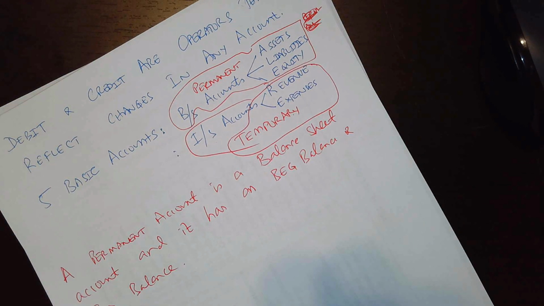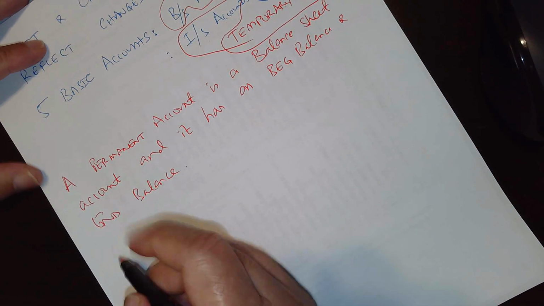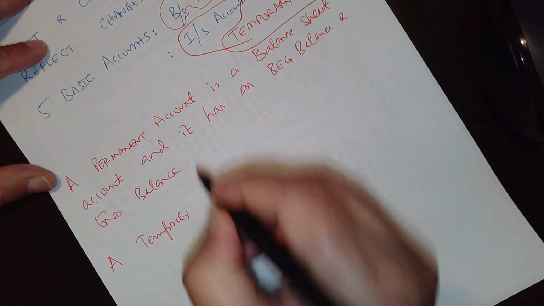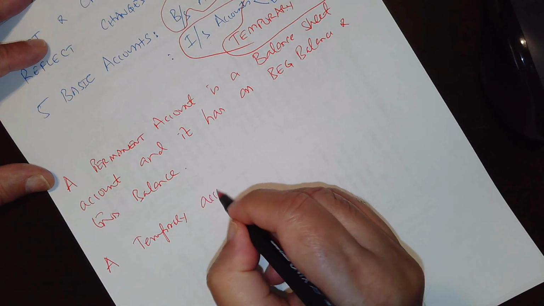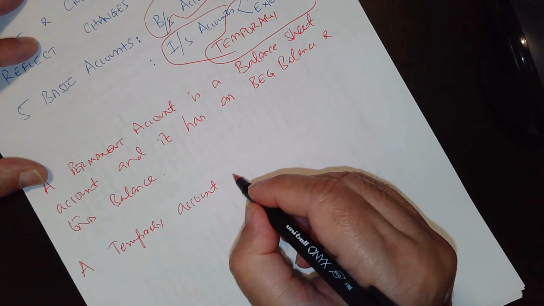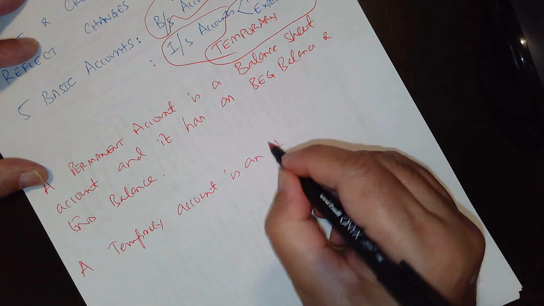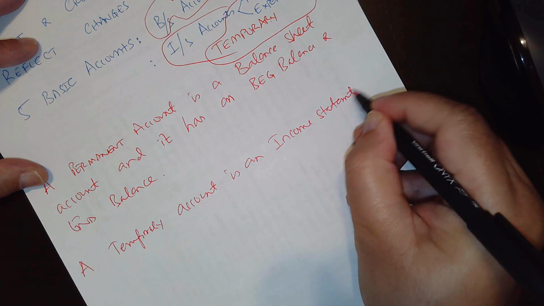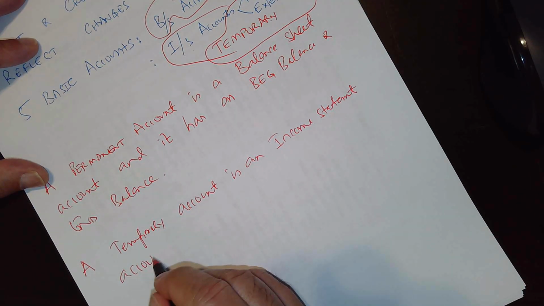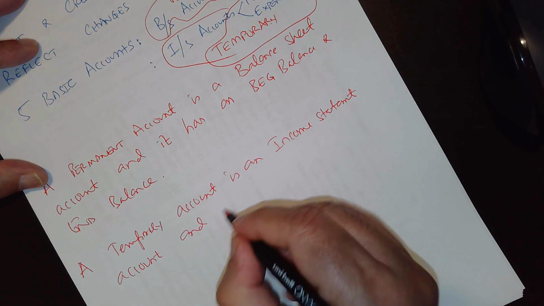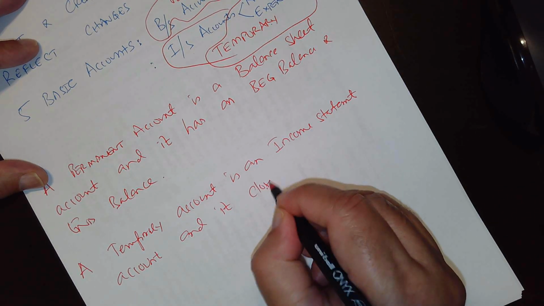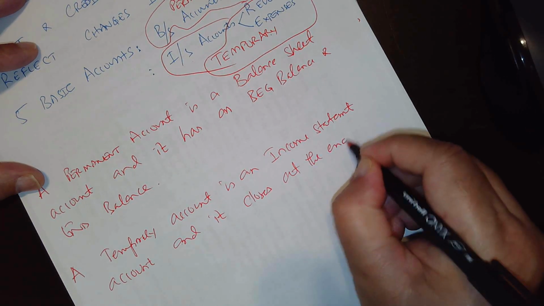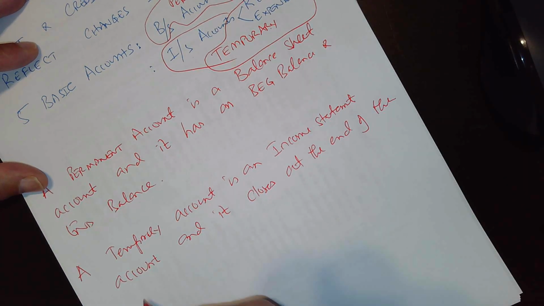All right. A temporary account is an income statement account and it closes at the end of the period.